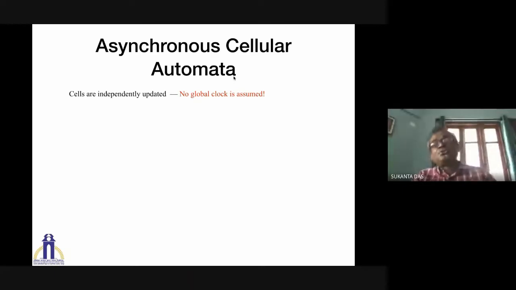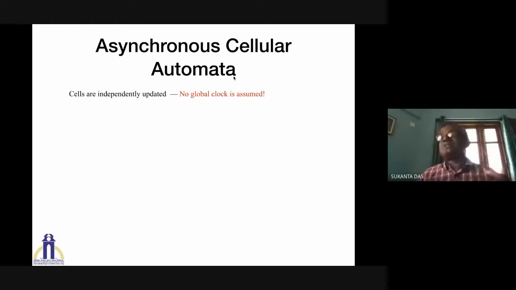So if we want to make cellular automata more powerful, so that it will be able to model nature in a better way, then we should give this independence. This is the motivation of developing asynchronous cellular automata.